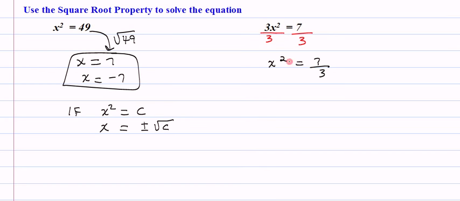We solve this equation by taking the square root of both sides. The square root of x squared is x is equal to, plus or minus, remember, the square root of that number, 7/3.